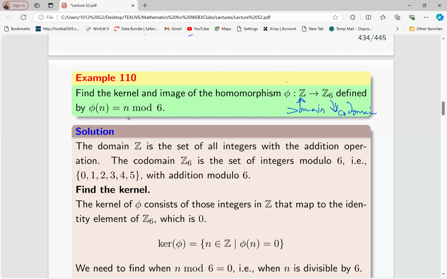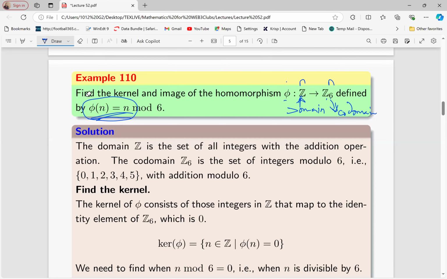It's saying that this homomorphism maps an n here to an n here. That's what I'm saying here. It maps an n to an n. In other words, it will map 2 to 2, 3 to 3, 4 to 4, 5 to 5. That is the definition here. That's what the definition is saying. Once you understand the definition, it becomes very easy.